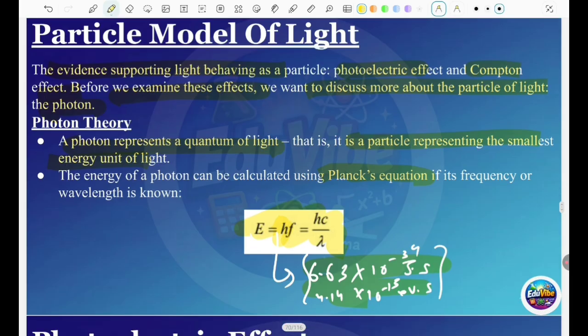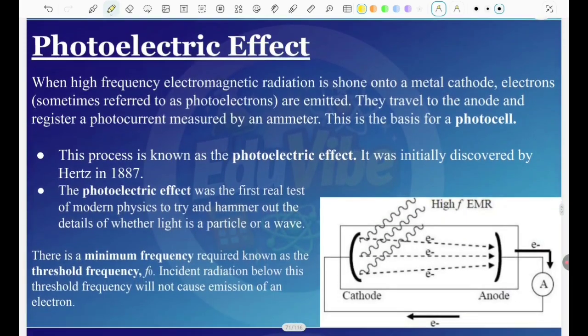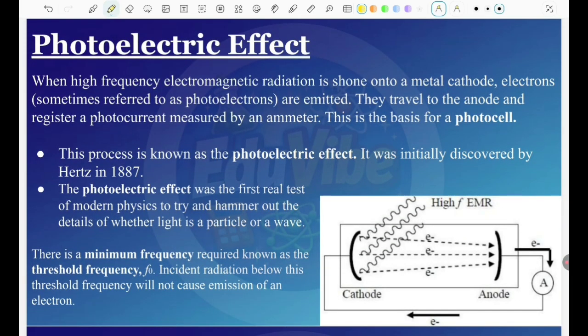You have to use them by your convenience, whichever you want. Then we do the photoelectric effect, which is more of a theory part, and in the theory part we cover what the photoelectric effect is. When high frequency EMR is shone on a metal cathode, electrons, which are basically photoelectrons, are emitted.